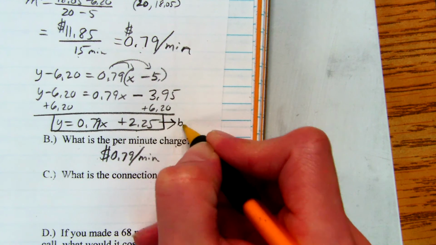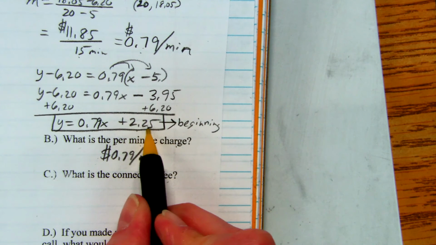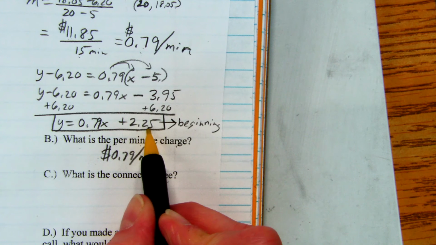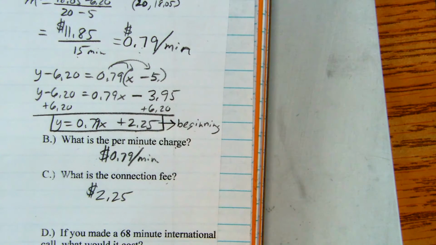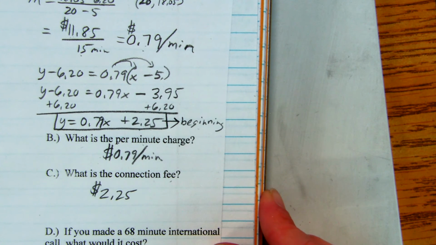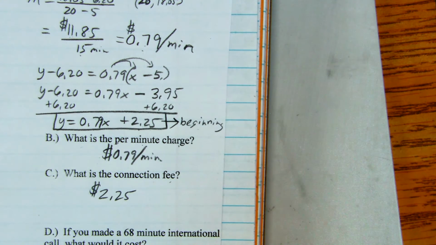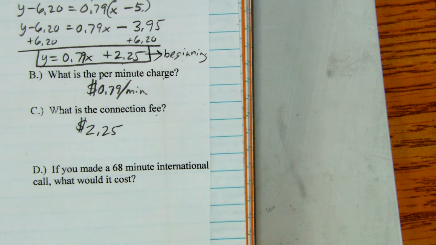This is sort of a beginning fee that we don't know what it is. It's just for making that international connection, for connecting you across seas. And so that would be the $2.25. It's kind of like a tax if you want to think of it that way, but not exactly. It's more like just a fee.